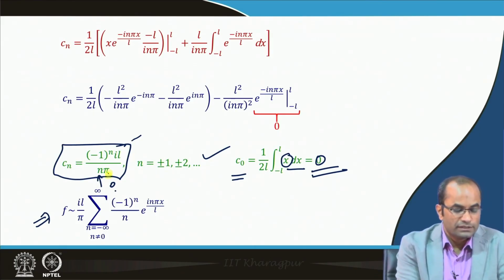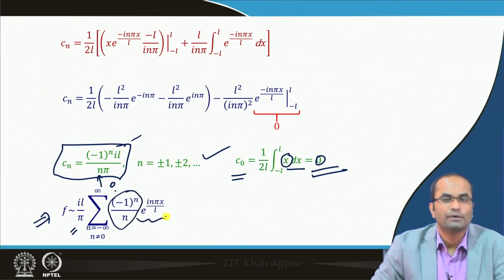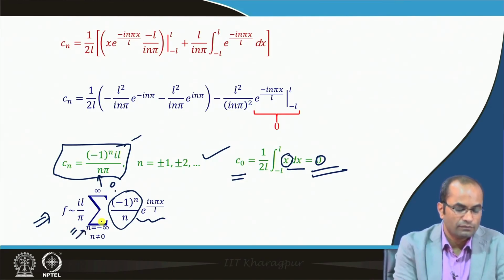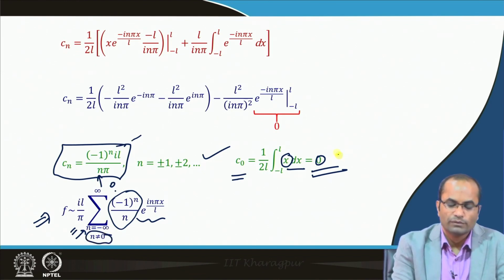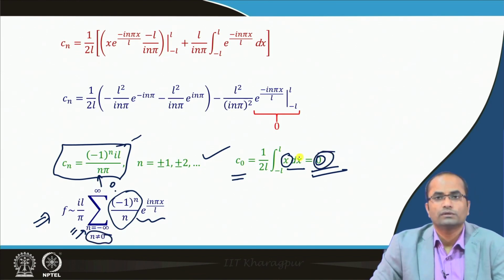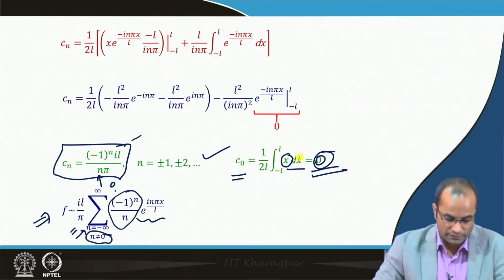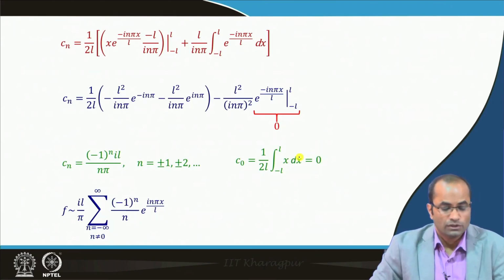The coefficient C n is I L over pi, and then minus 1 power n over n, the remaining part of C n, and we have e power I n pi x over L, and n varies from minus infinity to plus infinity, except n equal to 0, because C 0 is 0. So, that term will not be there in the series.